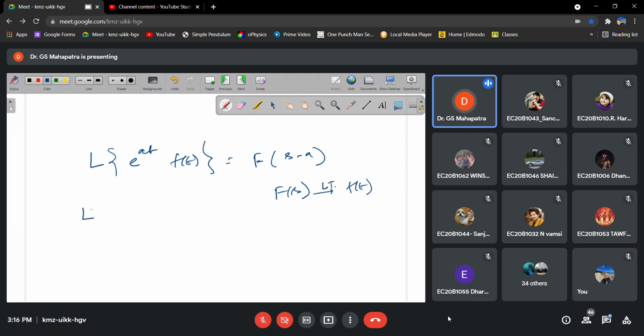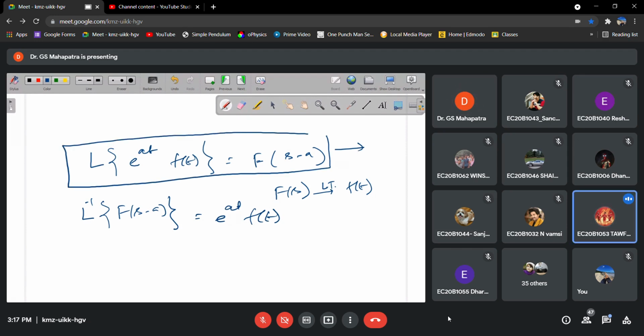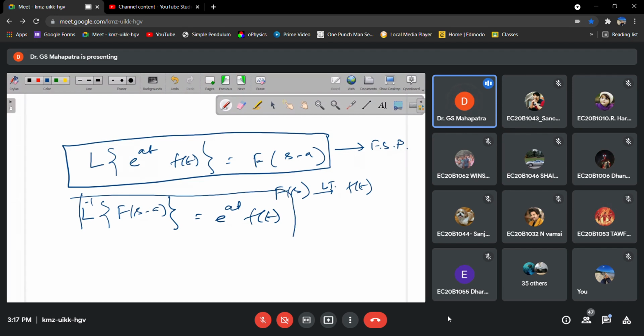Now if I write capital F of s minus a, what is the answer? e raised to power at into f of t. What is this formula? This formula is known as the first shift property. Okay, now first shift property. So this one is actually what?